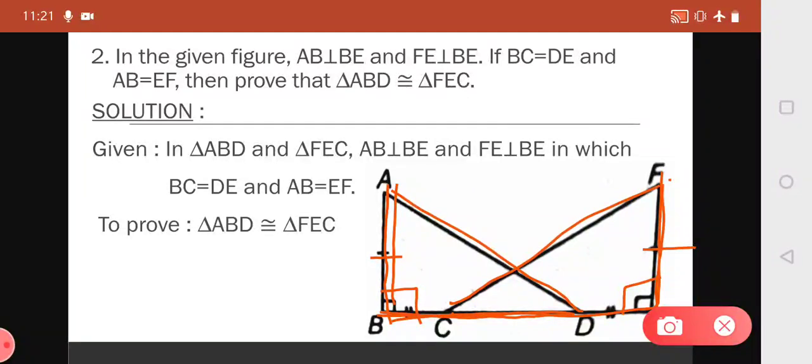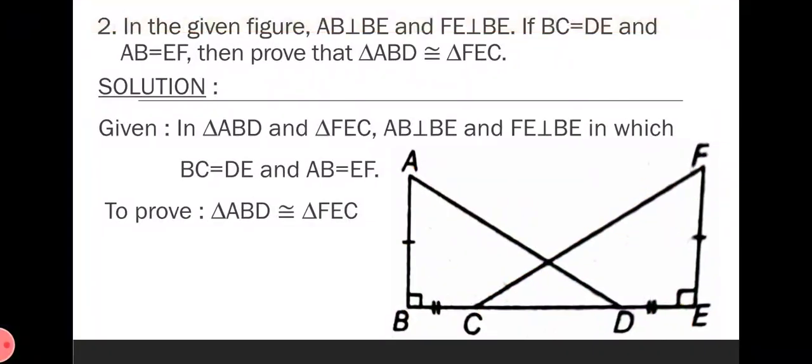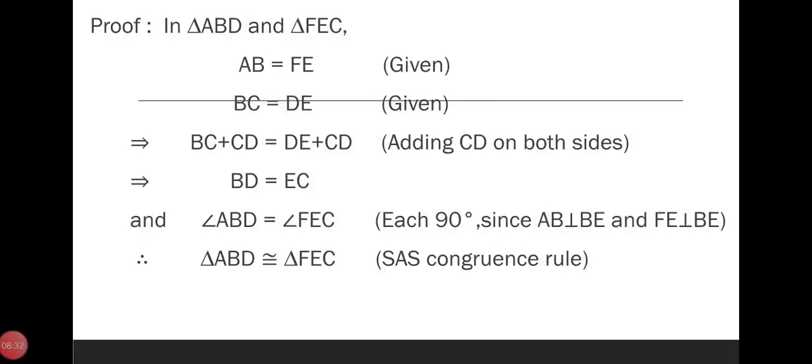So both we are getting as 90 degrees. So again we can fulfill the criteria of SAS, that is side, angle and side. So according to SAS congruence rule, triangle ABD will be congruent to triangle FEC. Hence, proved.